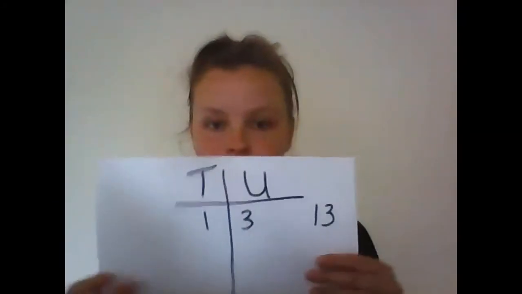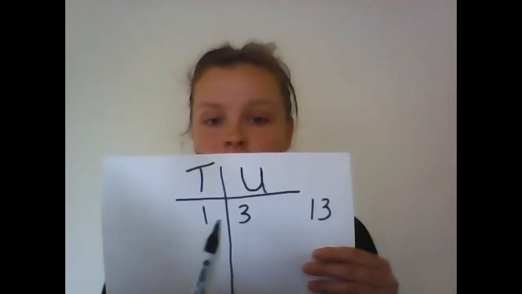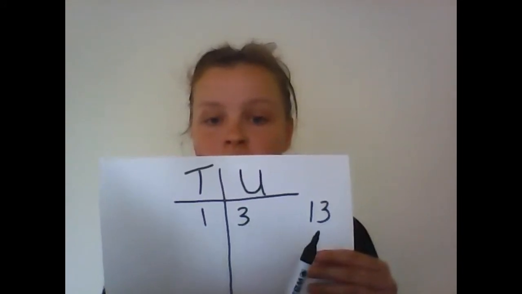Okay, so how many 10s does 13 have? It has 1 10. How many 1s does 13 have? It has 3. So that's 1 10 and 3 1s. Okay, so it's got 1 10 and 3 1s, and we write it like this. The 10s come first.